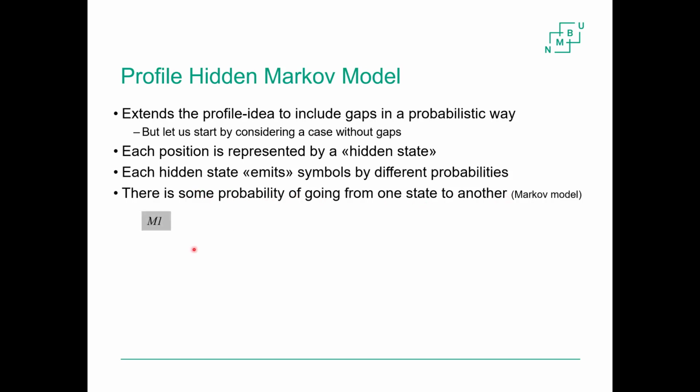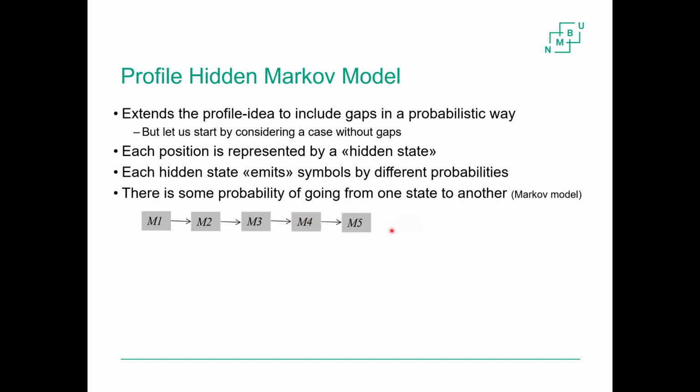Let's have a look. Here we have the first hidden state, M1. Then there is a certain probability of moving from M1 into M2, and since there are no other arrows, at least by now, if you are in this state, you have to go over here because there are no other paths, right? And from this state, you can move further along the arrows, but there is only one arrow, so you have to go to this state, right?